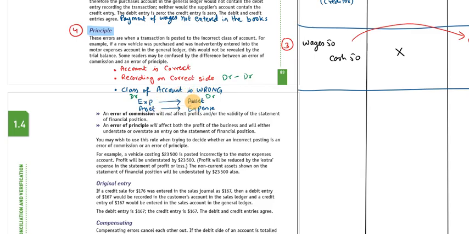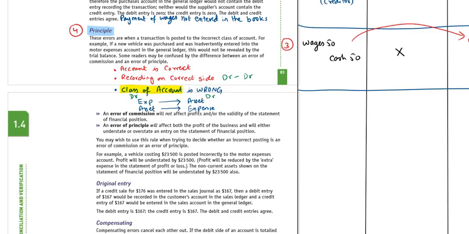We have wrongly selected asset instead of expense and expense instead of asset. So this is called the error of principle, where we wrongly select the class of account. If there is an error in class of account, that error is related to error of principle.